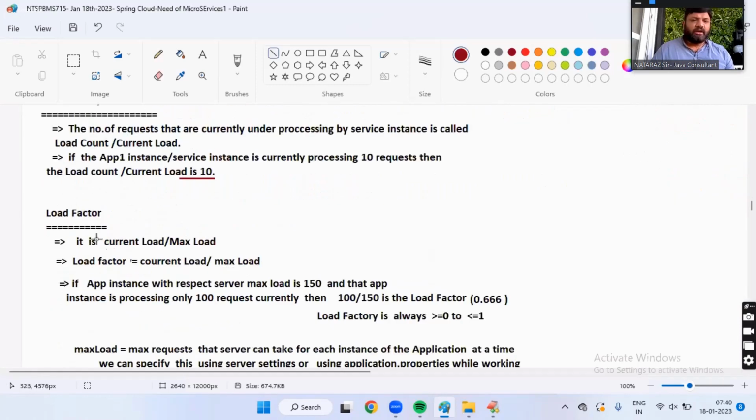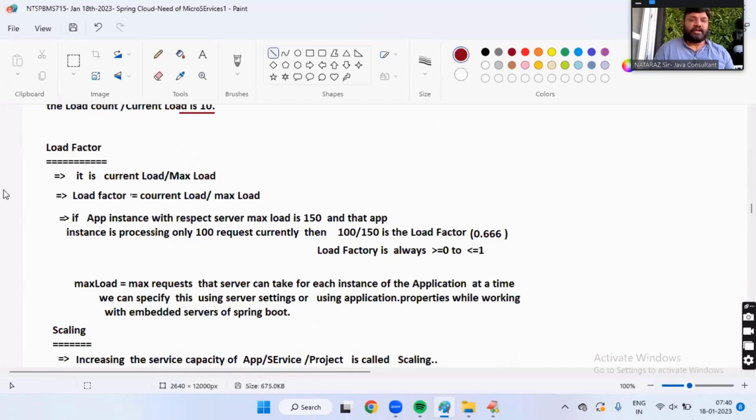Next one, load factor. It is very simple: current load by max load.